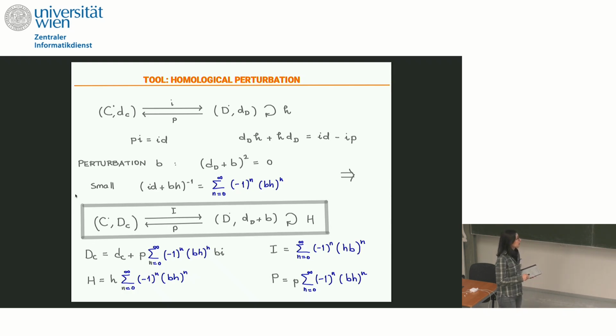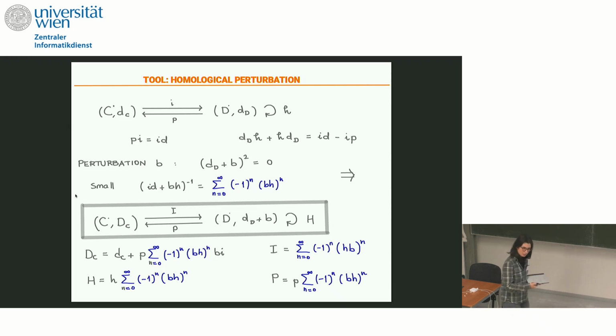The perturbation needs to be small, meaning that the identity plus BH has to be invertible. And when you write down the inverse, it gives you this term. Don't be scared about this infinity. When you really evaluate it on elements, it turns out to be a finite sum.